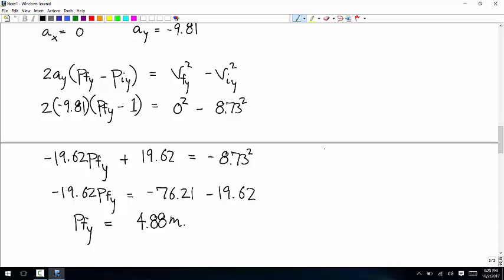So firing this bullet just barely above horizontal, because it goes so fast, before it starts to come back down, it'll get 16 feet up in the air. Any questions about that? Okay.